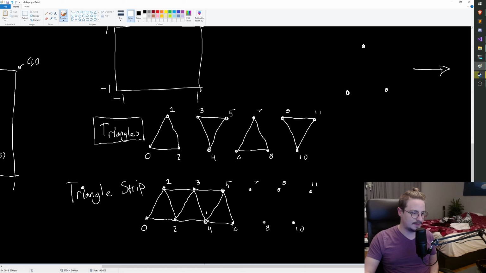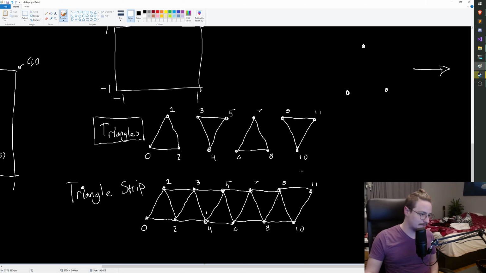And you can see why this is called a triangle strip, because it becomes one contiguous strip of triangles. There is no way to make 2 separate shapes with one draw call using the triangle strip method. All the vertices will always be connected by a triangle in some way.